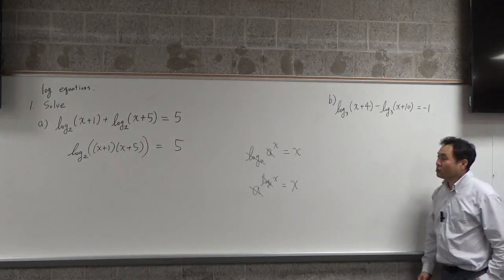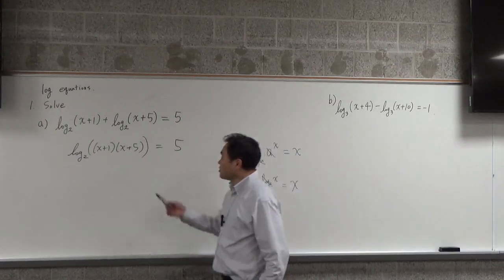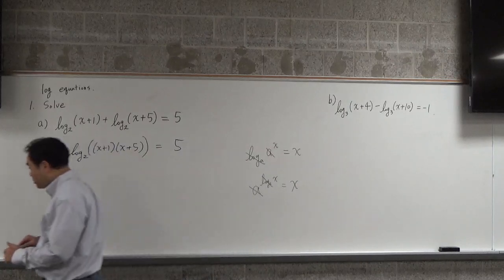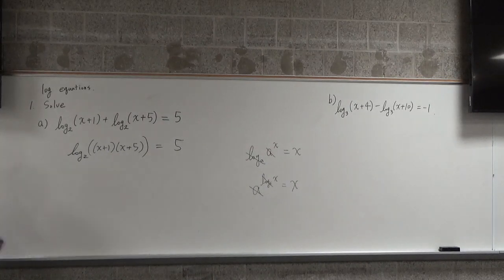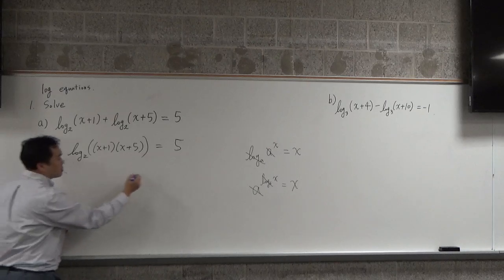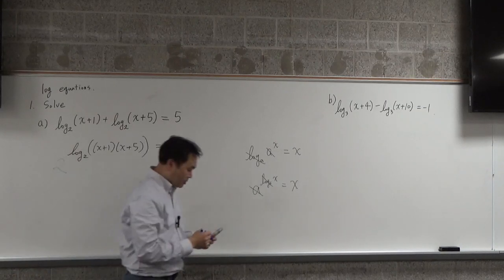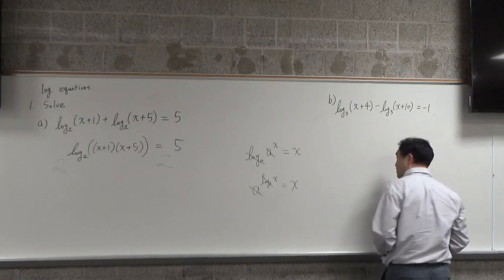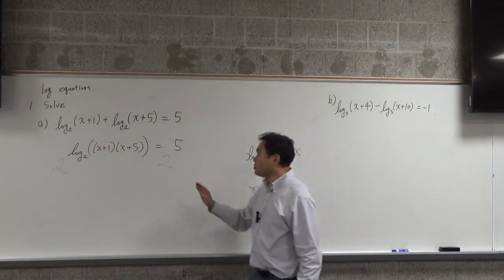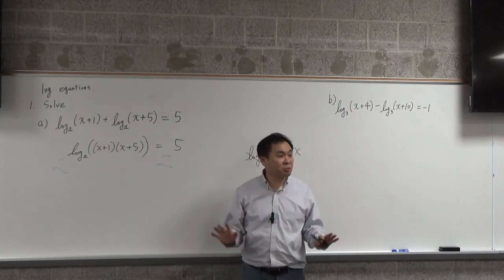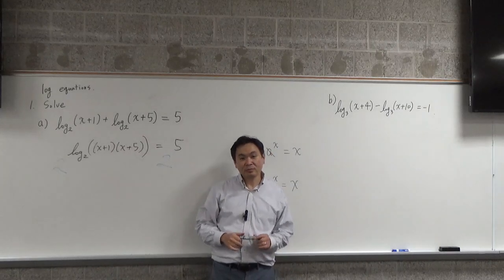So what you do is you're going to take this and exponentiate both sides over 2. Like that. Okay. And if you do that, the equal sign will still be preserved. See, it's like this.